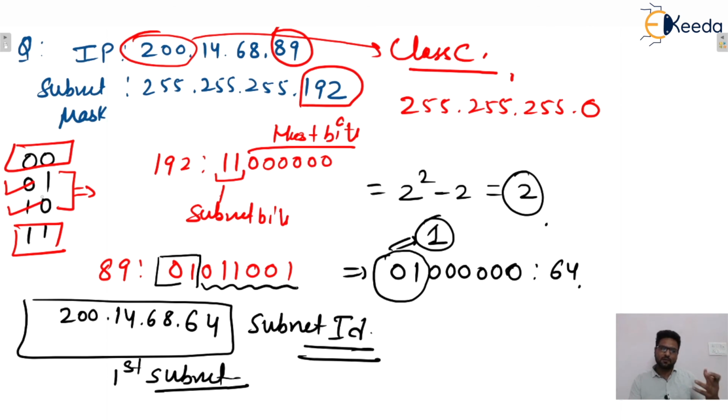Just see the decimal value of subnet bits, that will be the subnet number, nothing else, isn't it? Okay. Why these two are not utilized? I already told you. These 00 will be used in the network ID, and last 11 will be used in the DBA of the network, isn't it? That's why these two are not utilized.